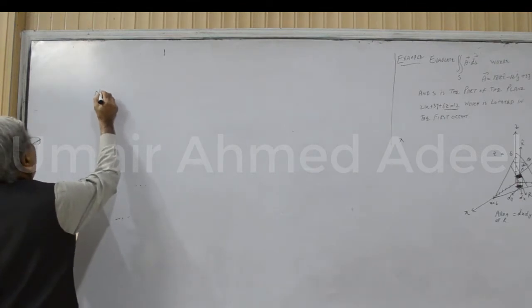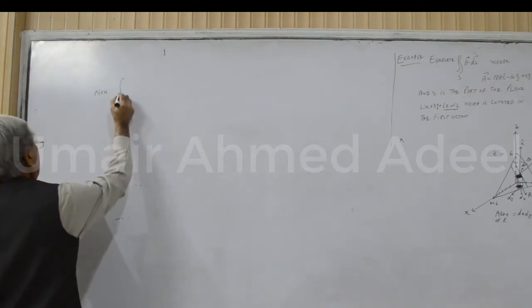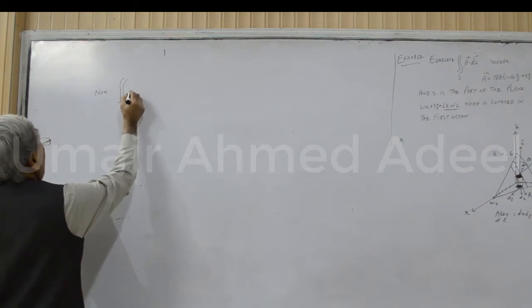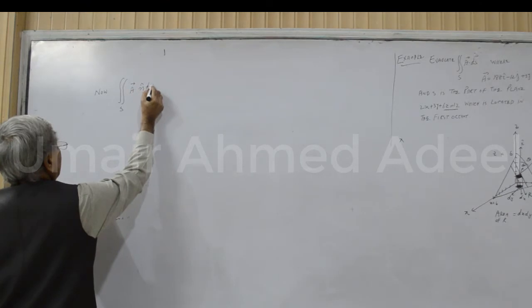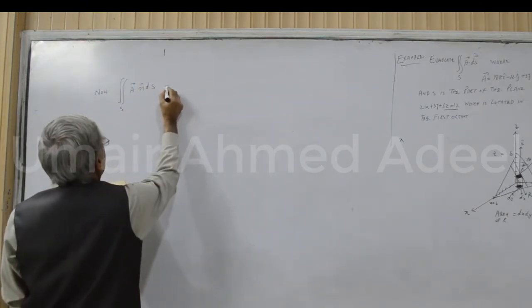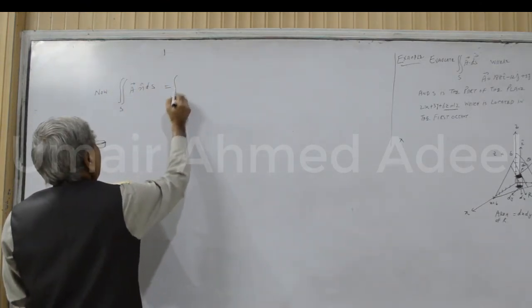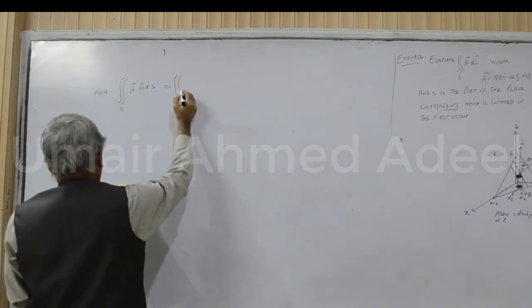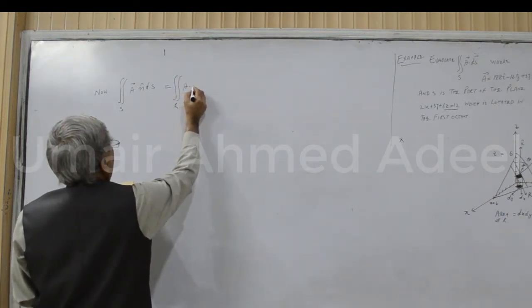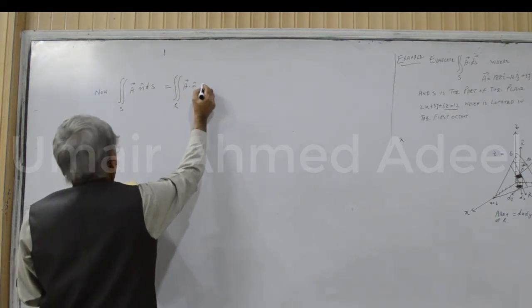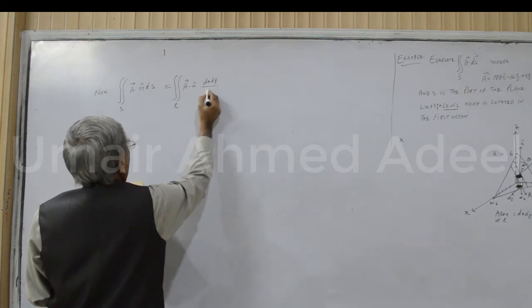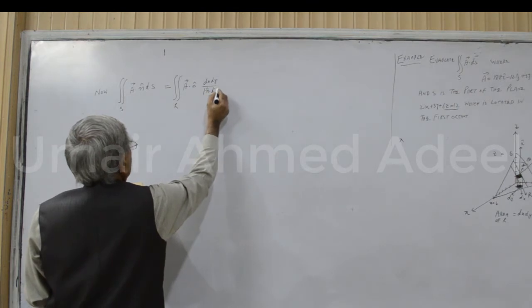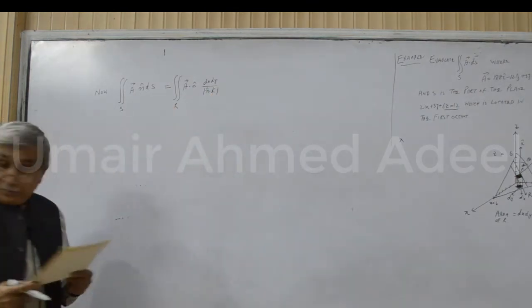Now what we have to calculate is the surface integral of vector A over the surface ds, and this can be written as the integral of A dot n dx dy over the magnitude of n dot k. Now let me explain how I got it.